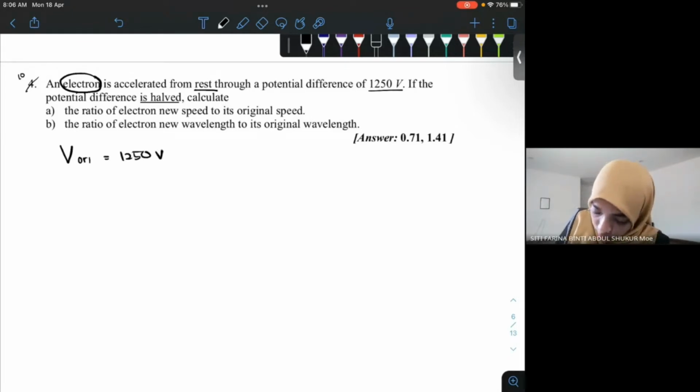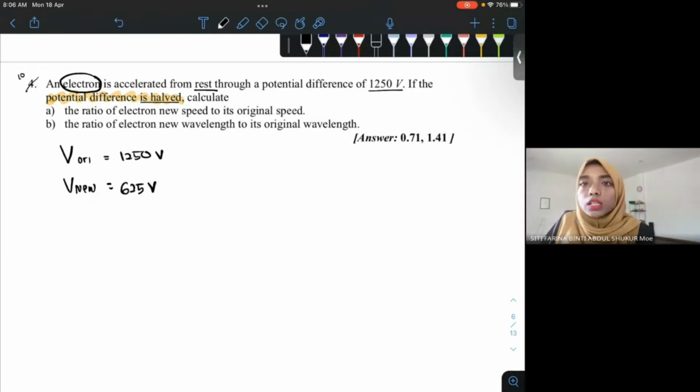And then they say that if the potential difference is halved, now you have half your potential difference. So after some time, your new potential difference here is half of 1250, which is 625 volt.